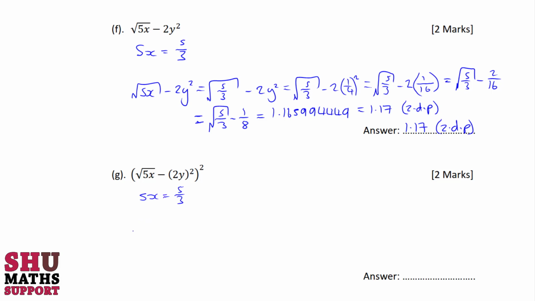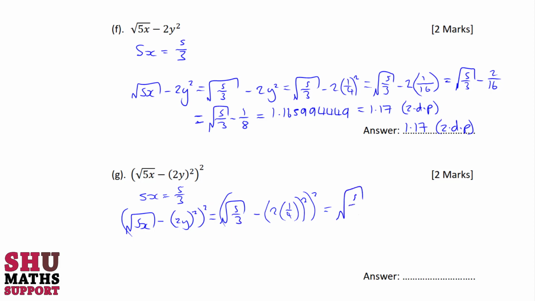So we can write the square root of 5x minus 2y all squared is equal to the square root of 5 over 3 minus 2y all squared is equal to the square root of 5 over 3 minus, and we know that a quarter squared is 1 over 16, and then 2 squared is 4, so we have 4 times 1 over 16, and that's all squared.